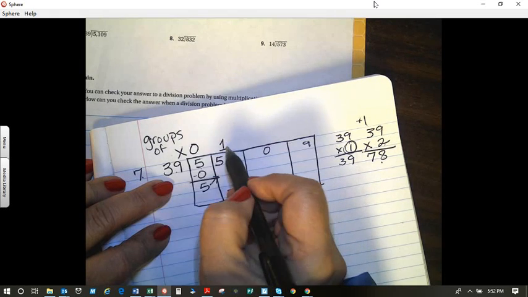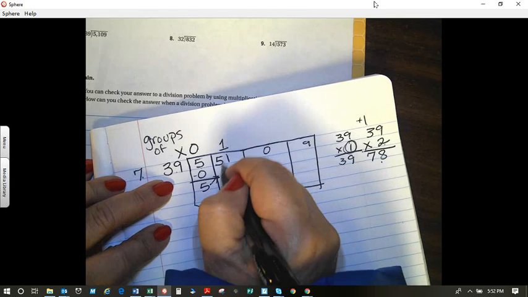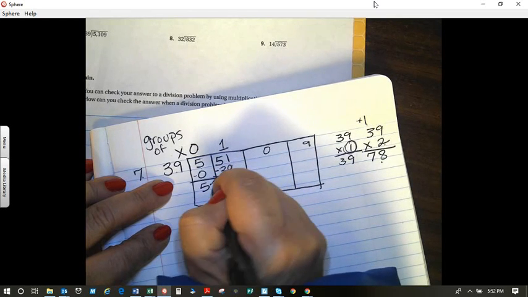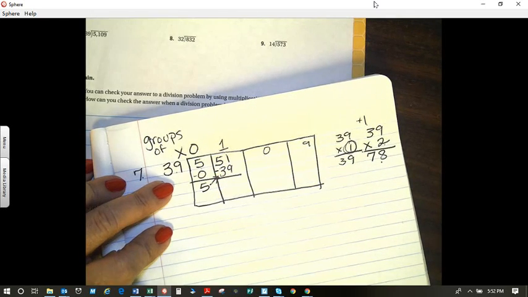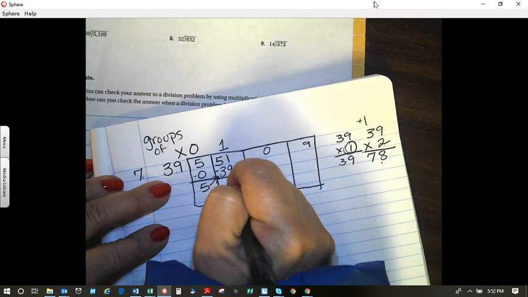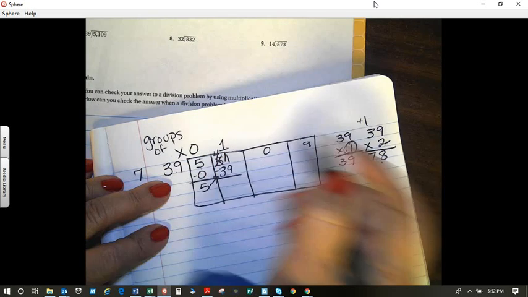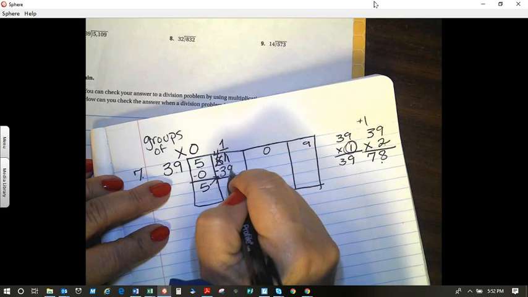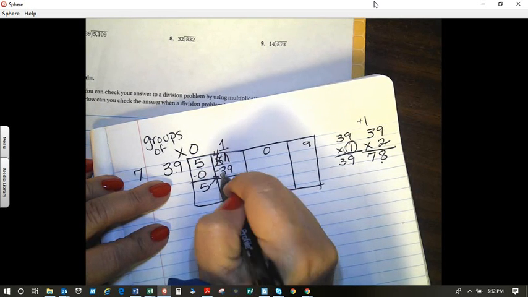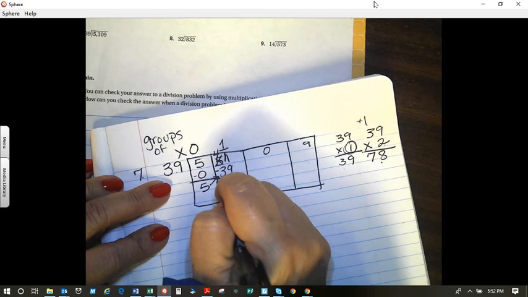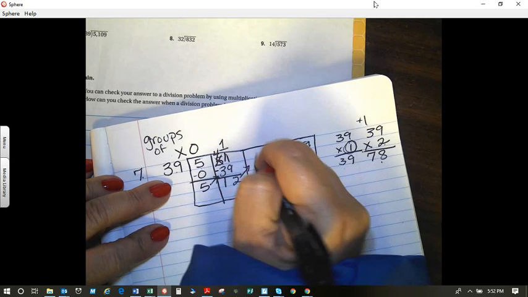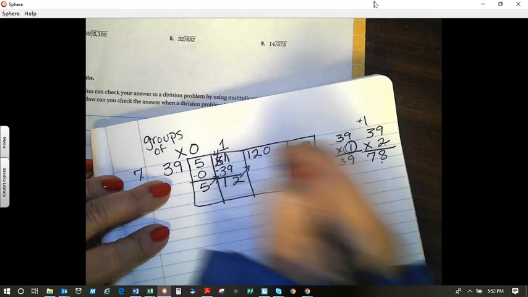So 1 times 39 equals 39, and now I can subtract it. So I can't take 9 out of 1, so I need to regroup. That becomes a 4, and then it's 11. So 9 from 11 equals 2. 3 from 4 equals 1. And I can carry this over, and this makes 120.